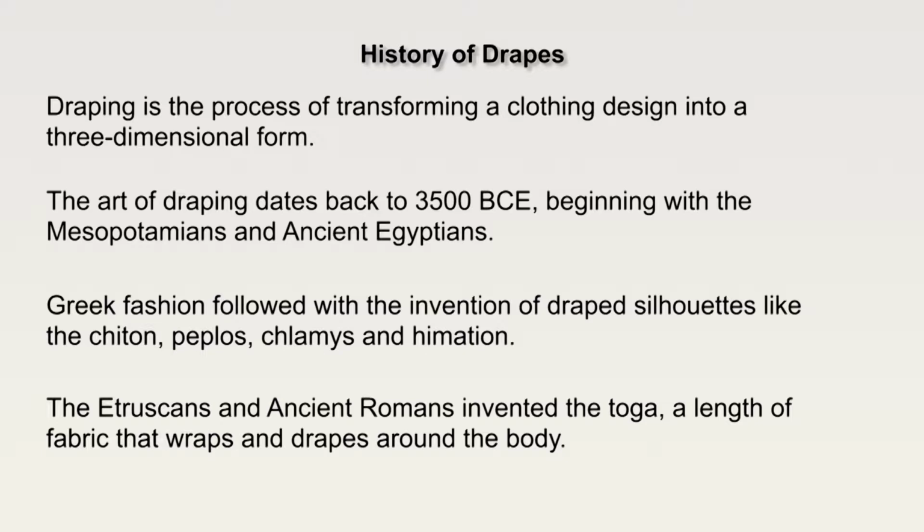Greek fashion followed with the invention of draped silhouettes like chiton, peplos, chlamys, and himation. The Etruscans and ancient Romans invented the toga, a length of fabric that wraps and drapes around the body.